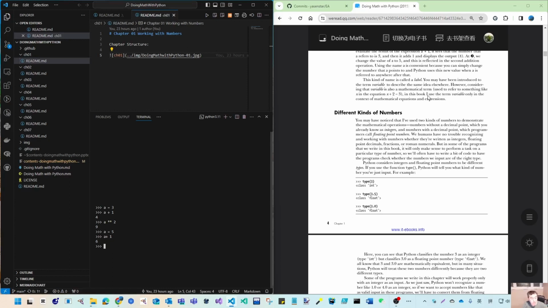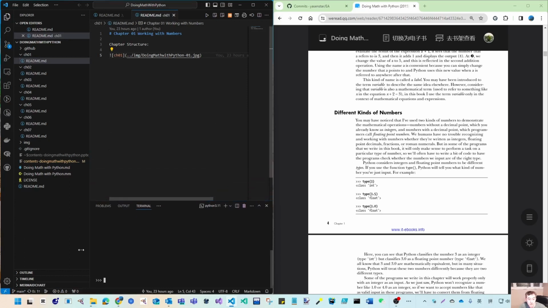So in this book, the author mentions that we use variable only in the context of a mathematical equation, and use label when we attach a name to a number. Hope that does not give you any confusion.